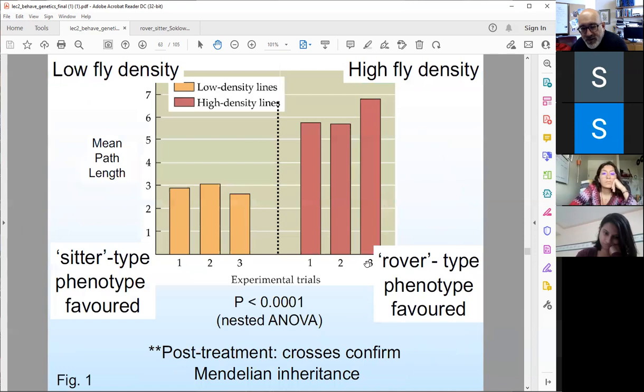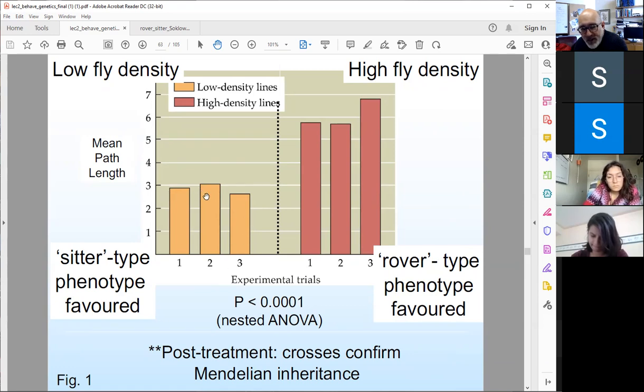So there's three sets of lines that they use to replicate them. Here along the x-axis, the path length gives you a sense of rover versus sitter. The rovers are going to have a higher mean path length than the sitters. And you can see that under the low density, the sitter phenotype is favored.